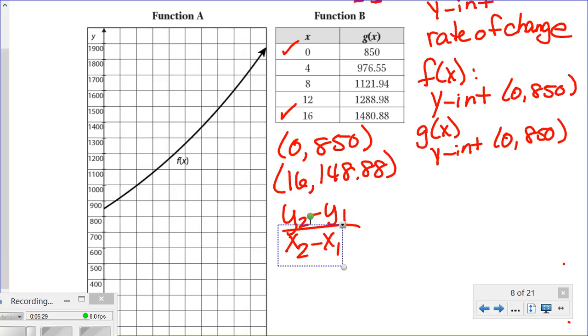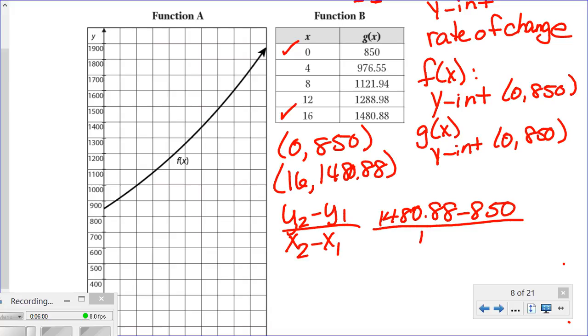I don't know why that box is there. And in this case, those numbers are, oops, I forgot the 0 here. 1,480.88 minus 850 over 16 minus 0.